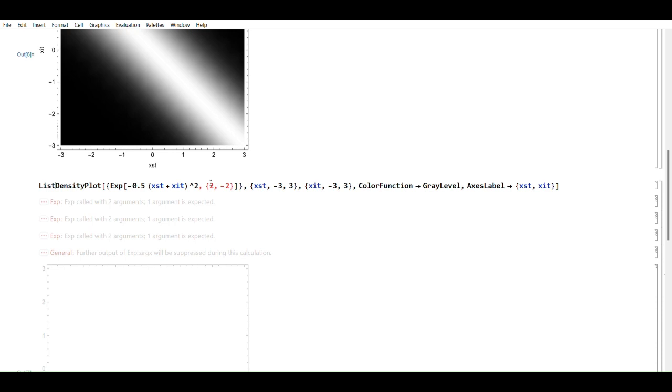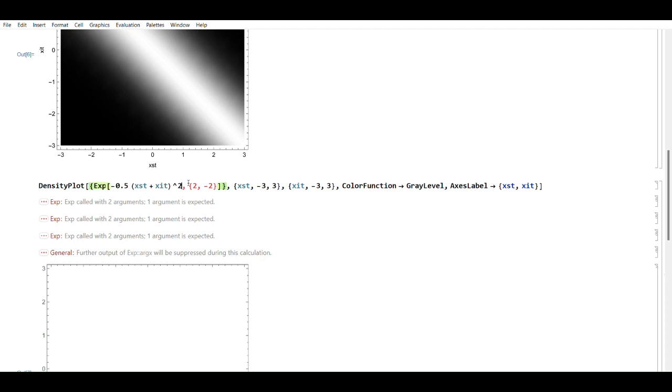Okay, there's something called ListDensityPlot. Oh, sorry, wait.